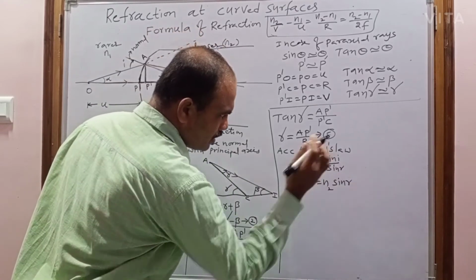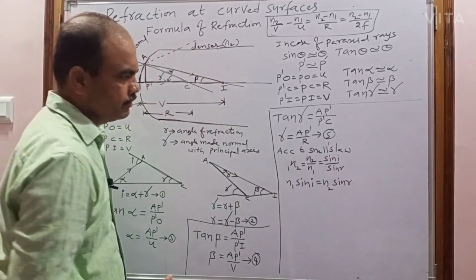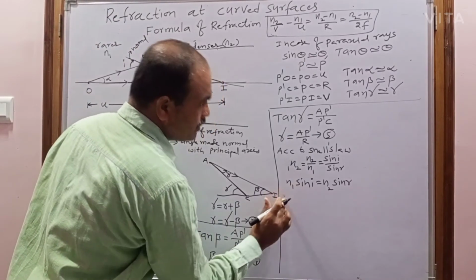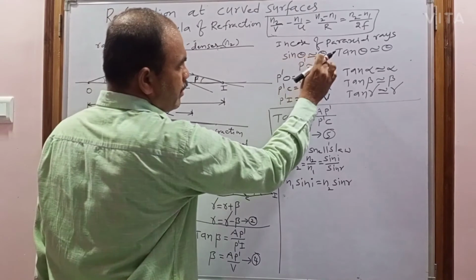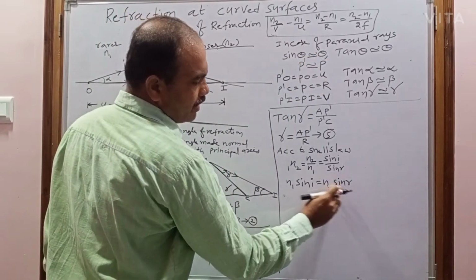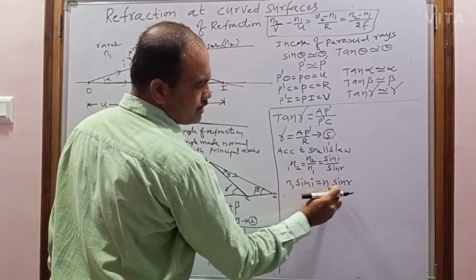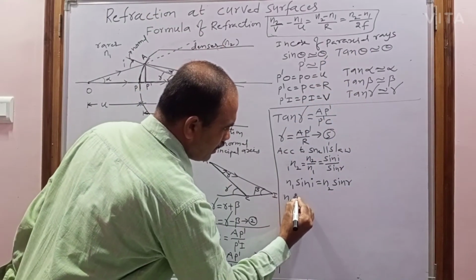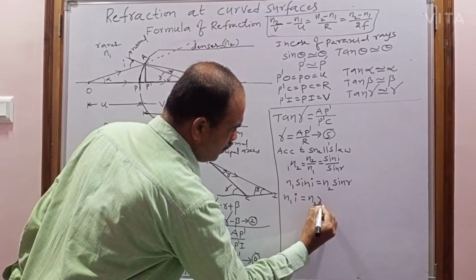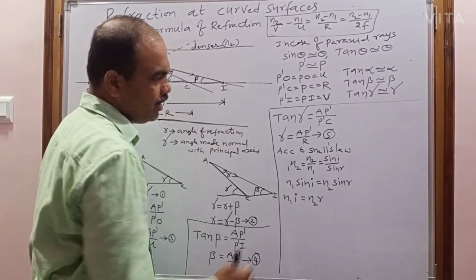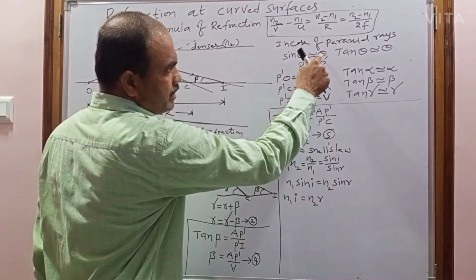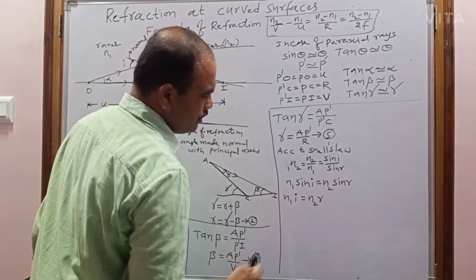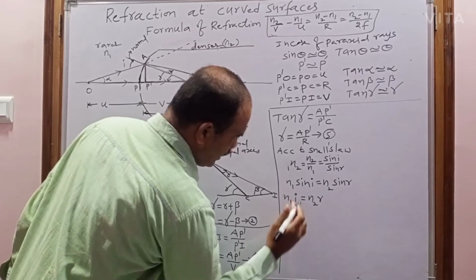This is sin R, not the gamma. In the case of paraxial rays, sin theta can be taken as theta, so sin I can be taken as I and sin R can be taken as R. So N1 I equals N2 R. Now, what is I?